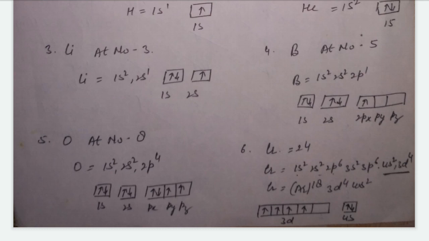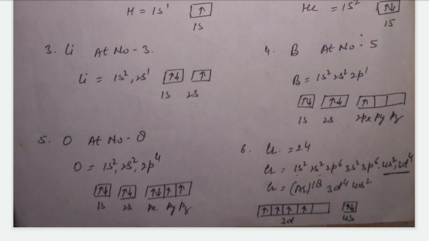And oxygen, atomic number 8, has 2p4. It means the p orbital has 4 electrons. First they are singly filled: px has 1 electron, py also 1 electron, and pz 1 electron, and then they make a pair. Right? Another example is chromium, atomic number 24.